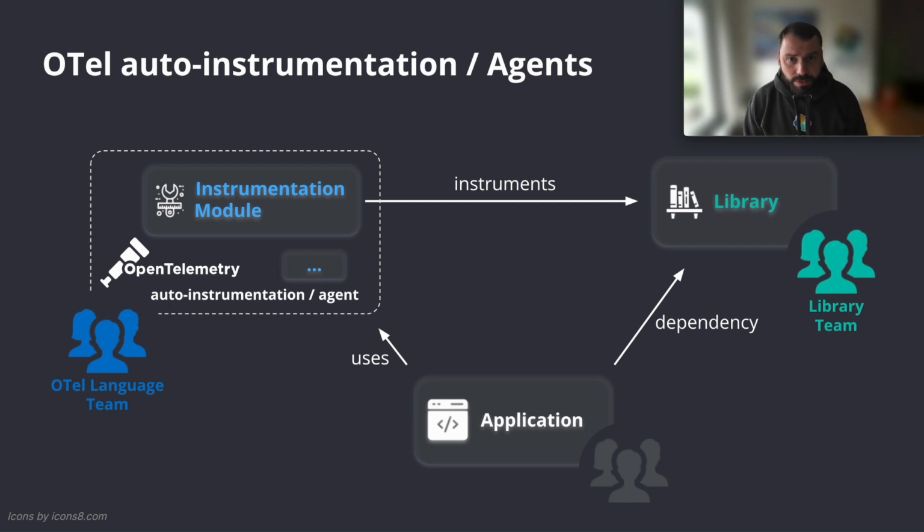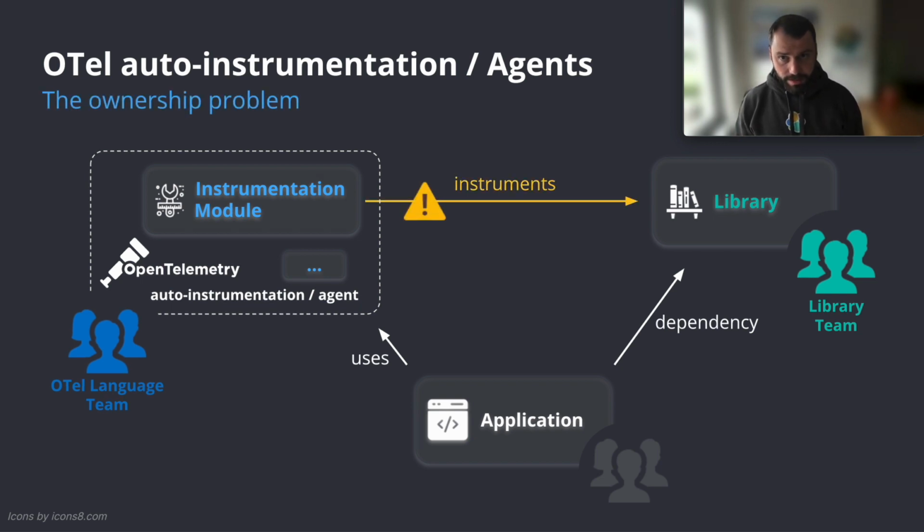The OTel language team also builds a set of auto-instrumentation modules. These instrumentation modules instrument the popular libraries externally, including also the library you use in your application, for example. And this relationship is sort of problematic.